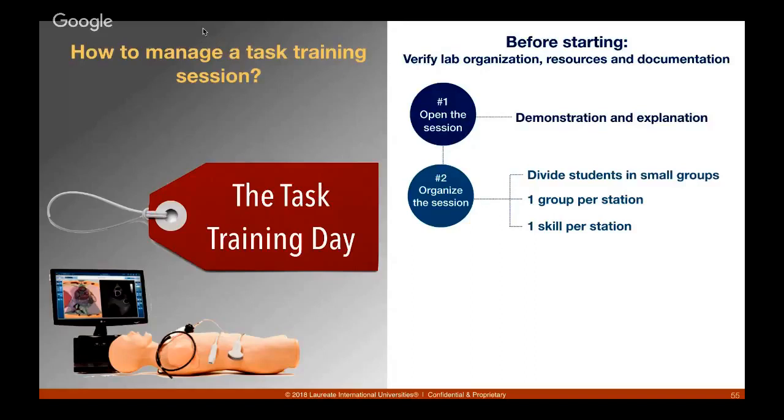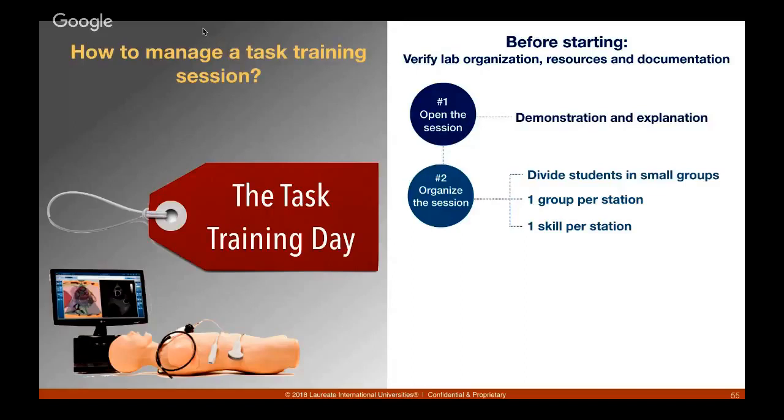So put one group per station and train one skill per station, okay? They need to be very focused in one skill. You are going to see later and know a little bit more about the integrated test trainings that were developed by one of our institutions in Porto Alegre, in Brazil.